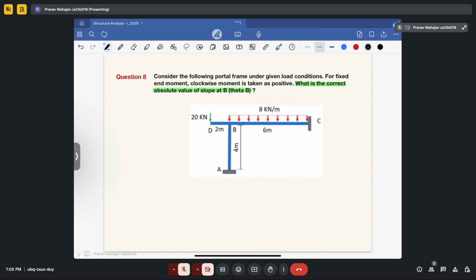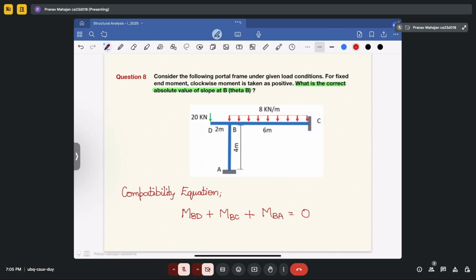So compatibility equation in this case will become MBD plus MBC plus MBA to be equal to 0.